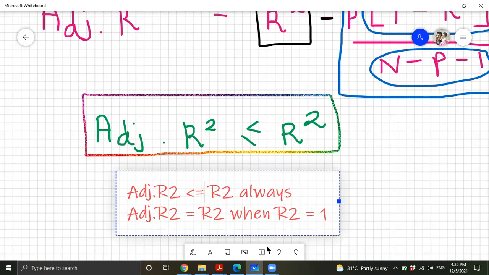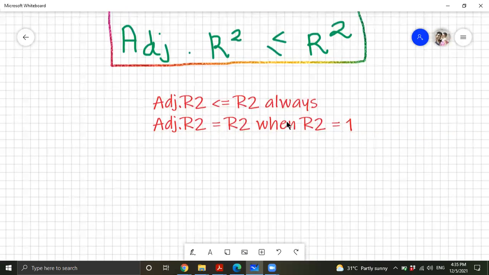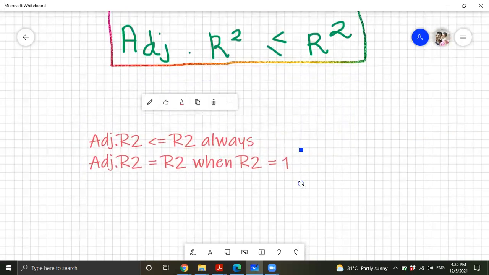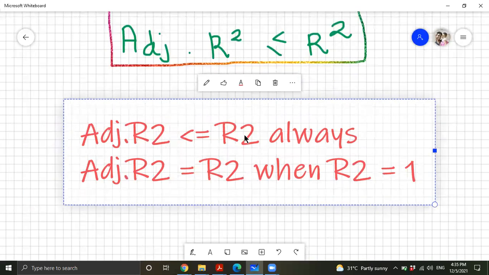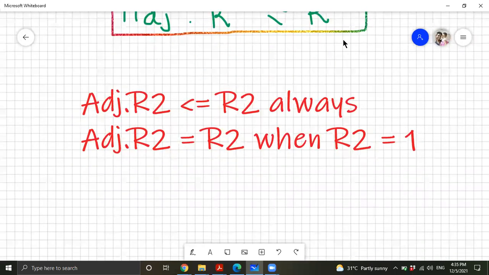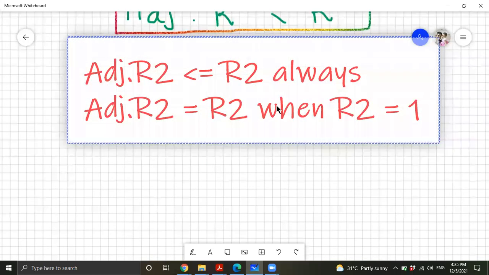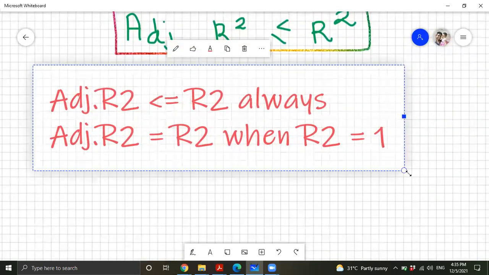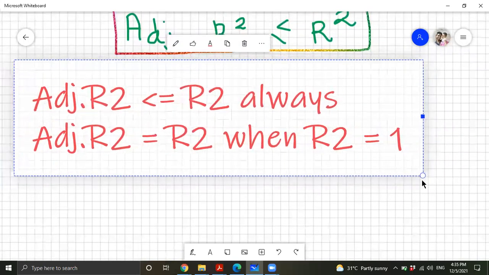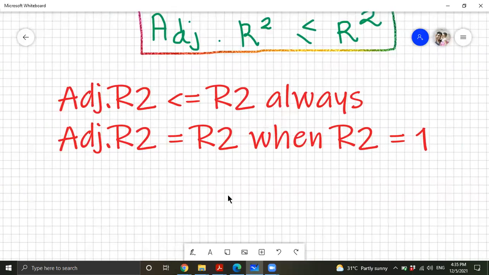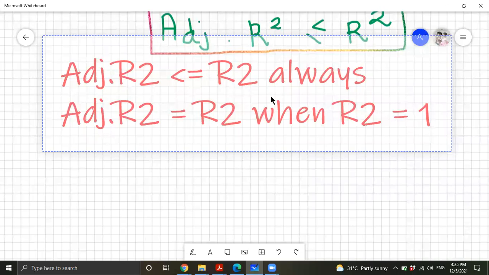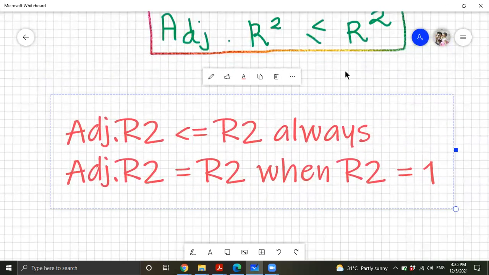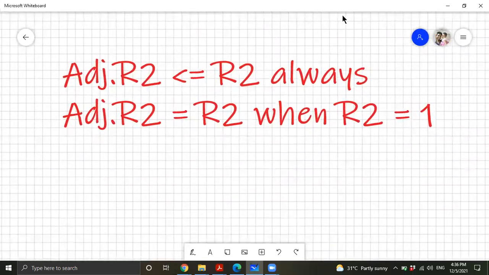So we have proven that adjusted R square is always less than or equal to R square, and adjusted R square will be equal to R square when R square is equal to 1. That means adjusted R square and R square will both be equal to 1.